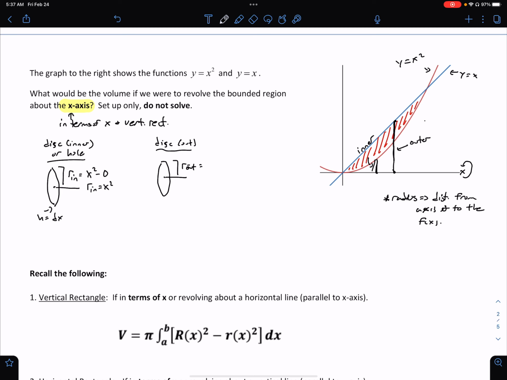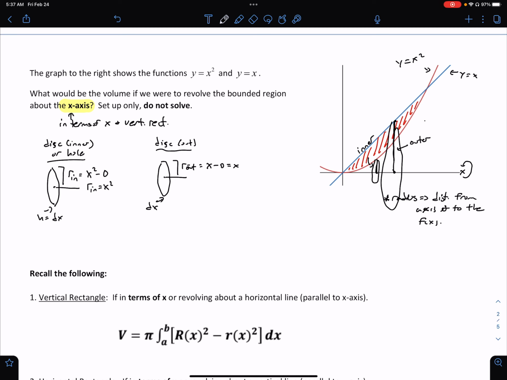Because if I were to revolve it, take a look at it, I get one disk and two disks right there. To get this radius, again, same thing, we're vertical. So the top is y equals x, and the bottom is again my axis of revolution, or 0. So it's just going to be x minus 0, which is just x. My height still, because it's vertical, is still dx.